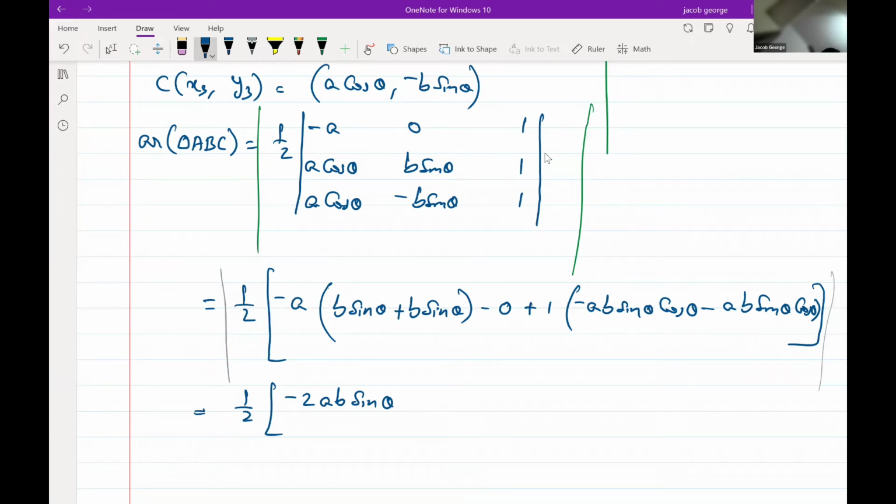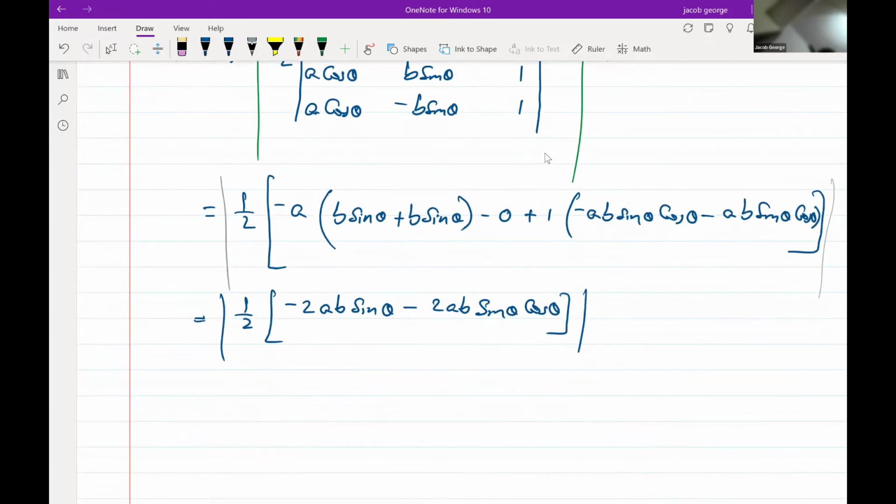Next is minus 2ab sin theta cos theta, minus 2ab sin theta cos theta. This will be under the whole modulus. We can write sin theta cos theta as sin 2 theta also later, but I will take negative 2 outside.